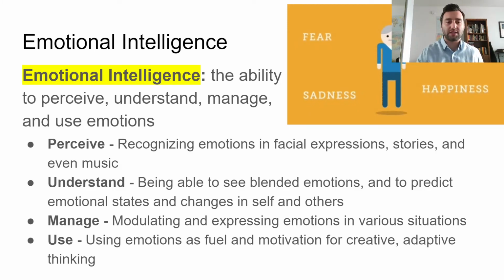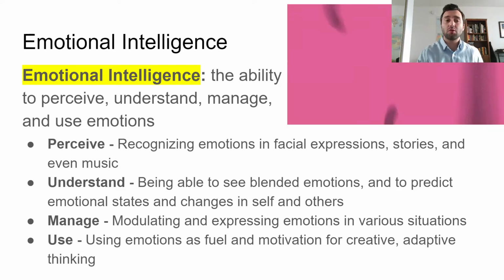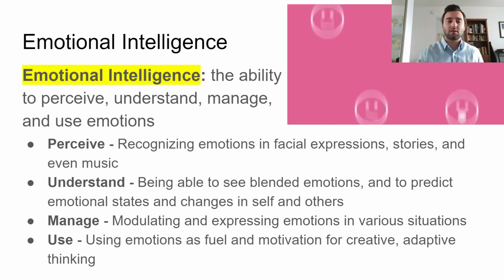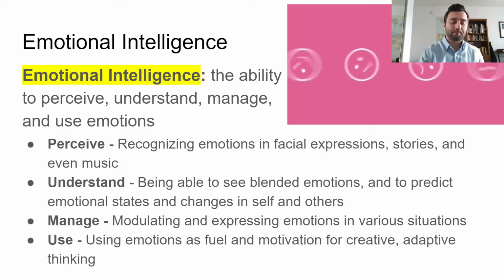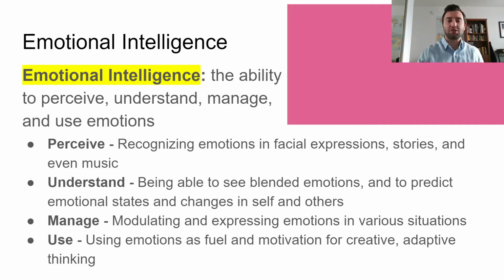We also have understanding, which is our ability to see what are called blended emotions, which is basically combinations. Emotions aren't necessarily just one thing, and we'll get into this more in the unit after next. When we talk about emotion, you don't necessarily just feel one thing. Like when you're upset, you might not just be sad.